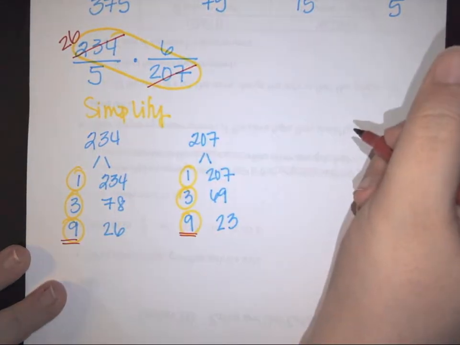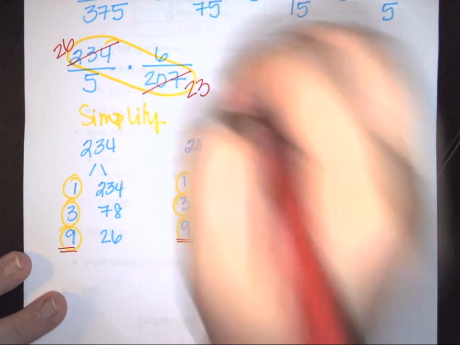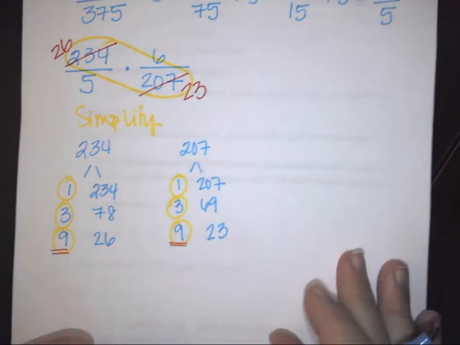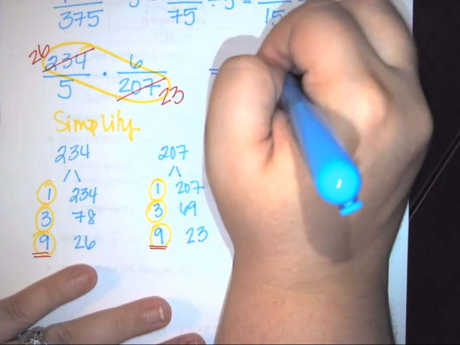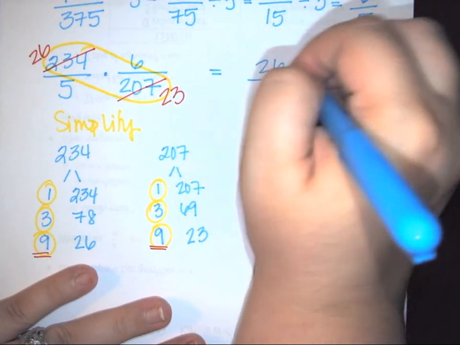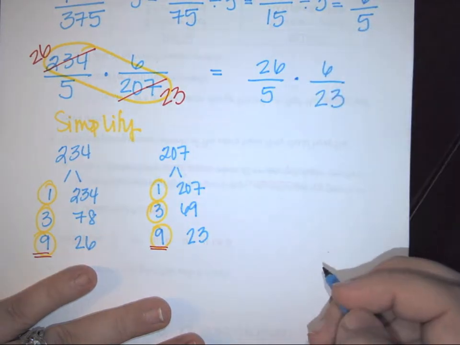And on 207, I can pull a 9 out and I'm left with 23 on the bottom, thus giving me a new fraction of 26 over 5 times 6 over 23.